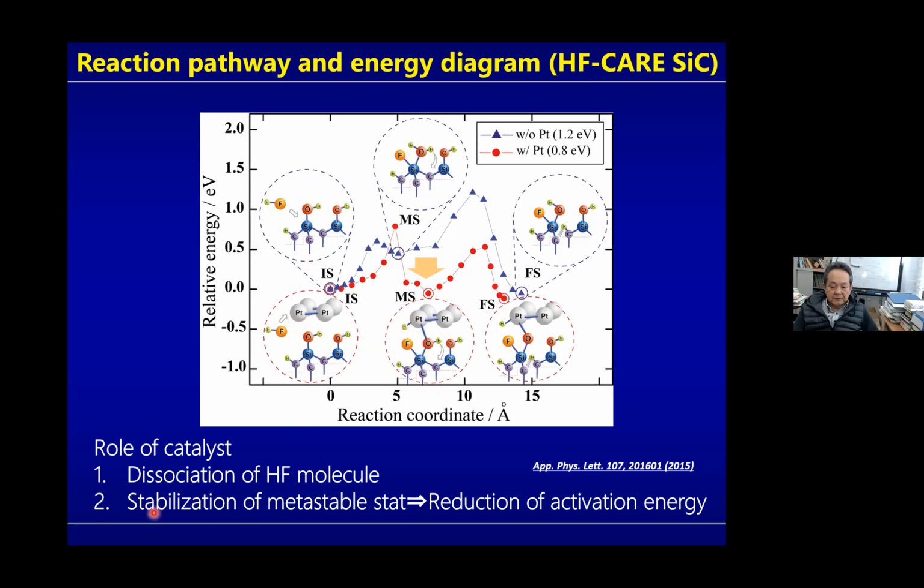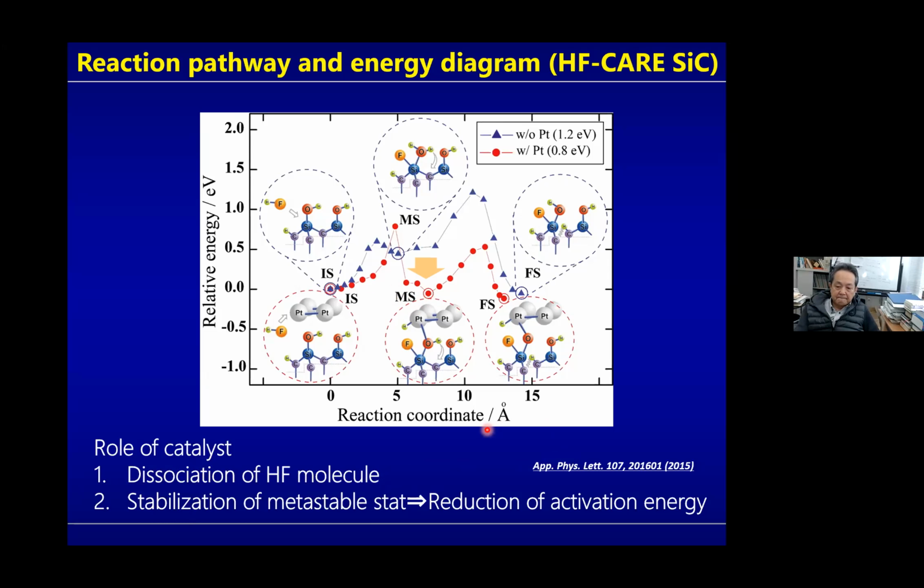This one is the most important: stabilization of the metastable states from here to here. You can see this is the important stabilization. And due to this stabilization, the reaction activation energy goes down from here to here.